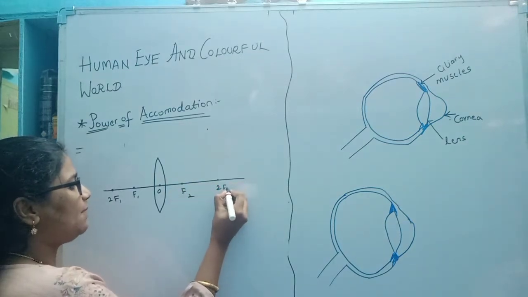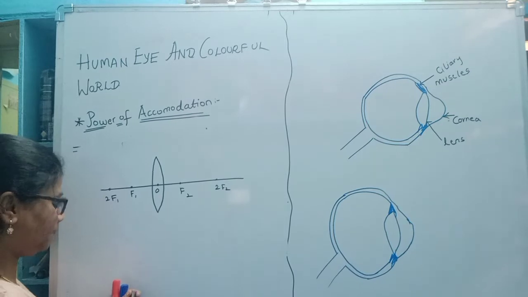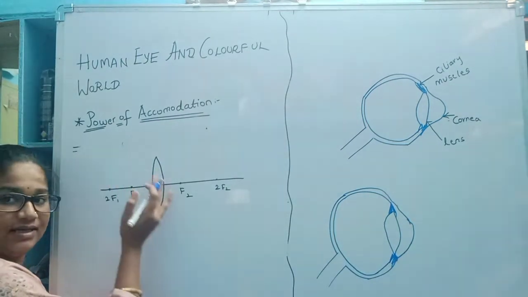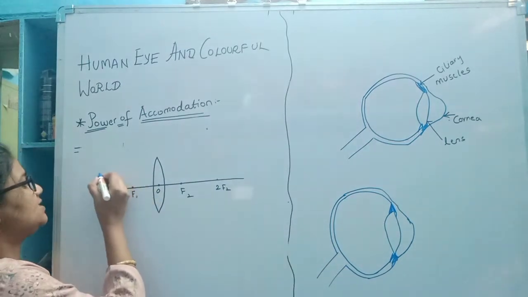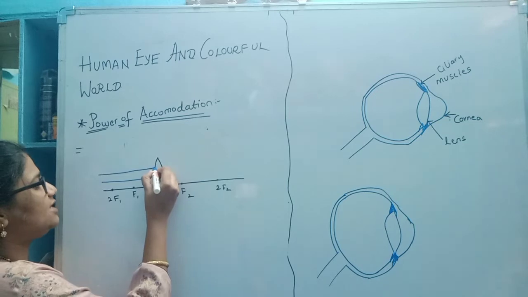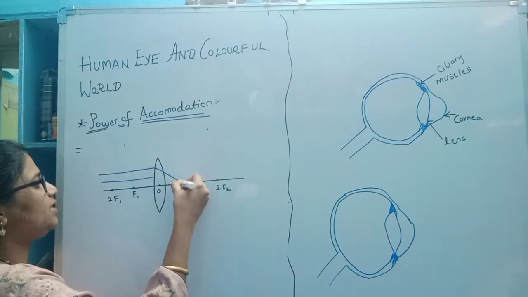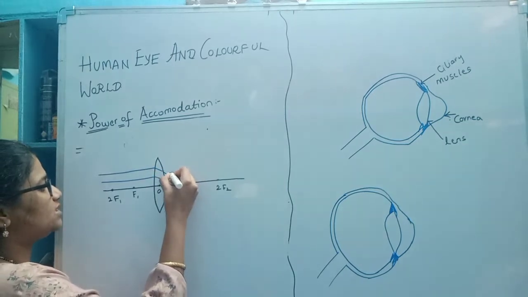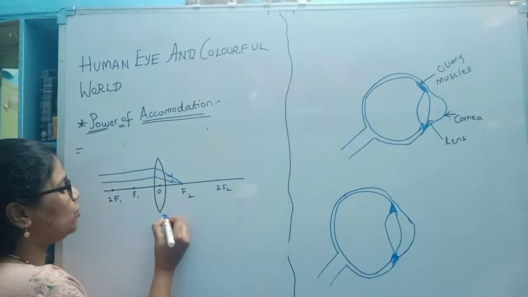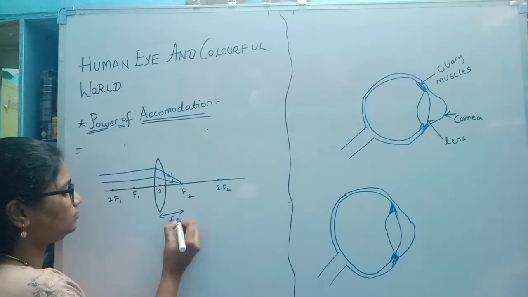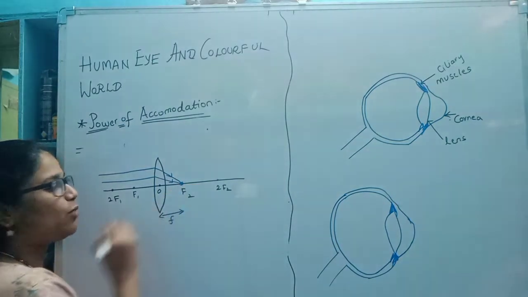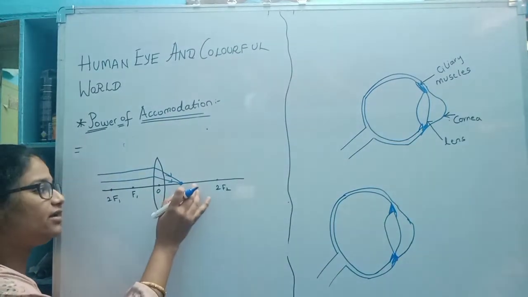If we keep an object very far from the lens, at infinite distance, the rays of light will fall on the lens, get refracted, and meet at the principal focus. This will be the focal length, and they converge at a point.